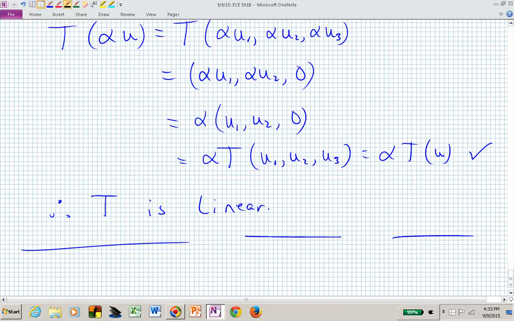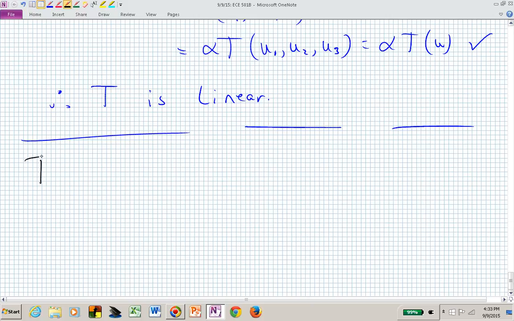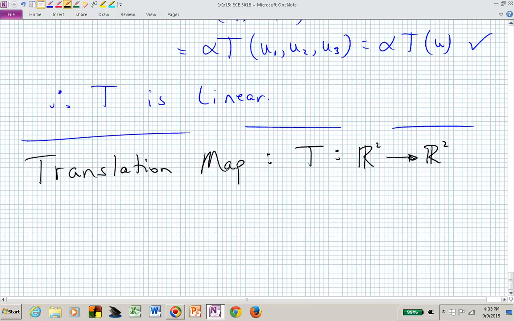Let's look at another map. I'll refer to this as the translation map, where let's say this map T is now working in the plane. Now I don't have to worry about where my head is located.